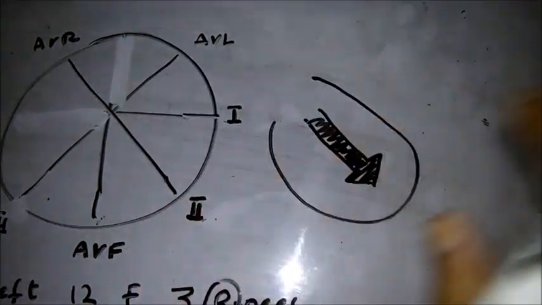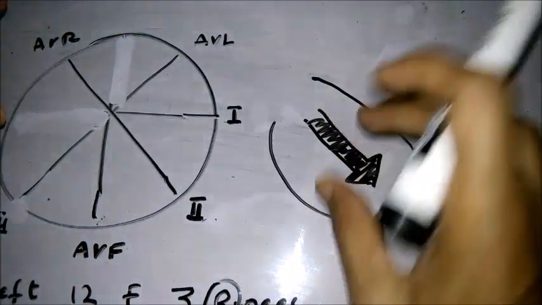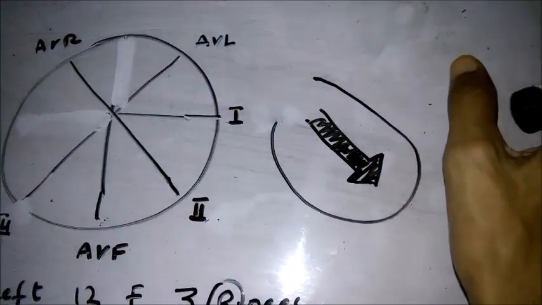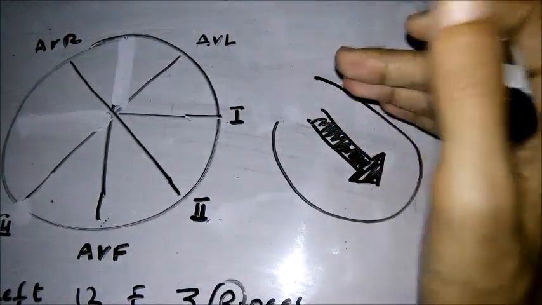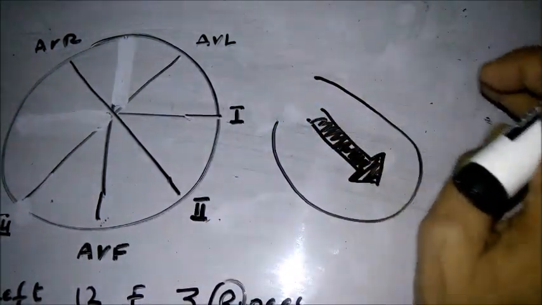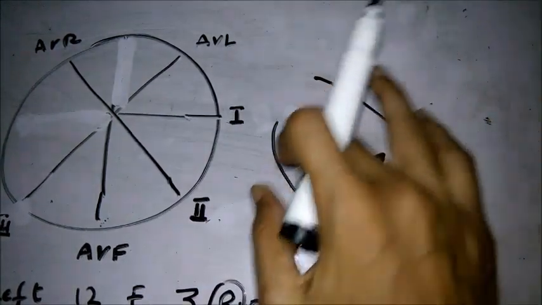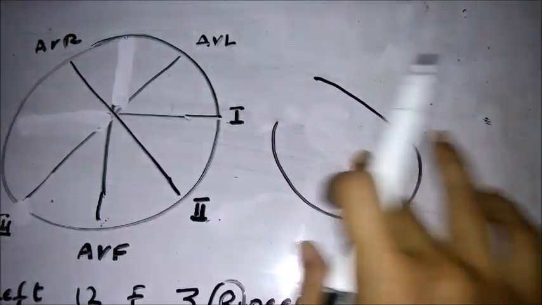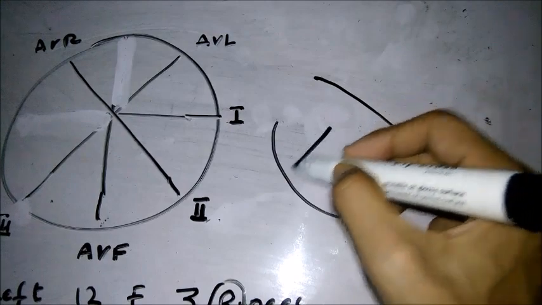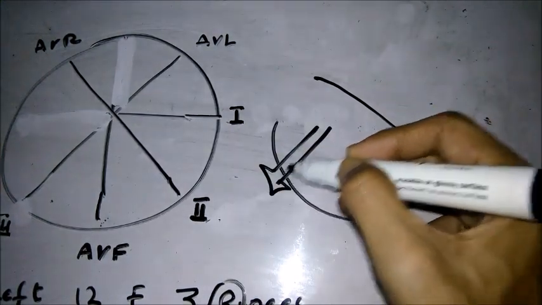Okay. But sometimes this electrical activity, which is going like this towards lead 2, can change for some reasons. For example, in some cases the electrical activity might change to this side, right?